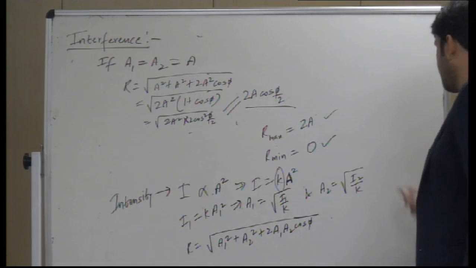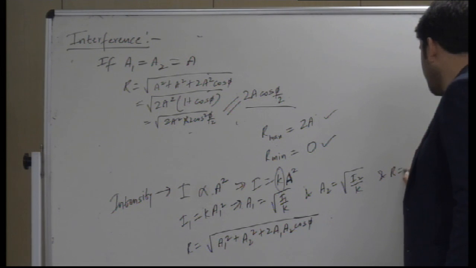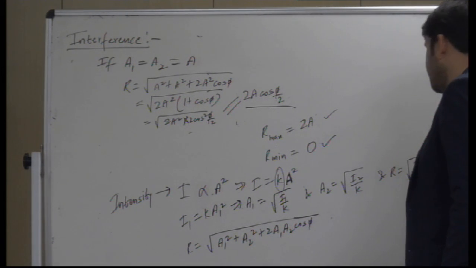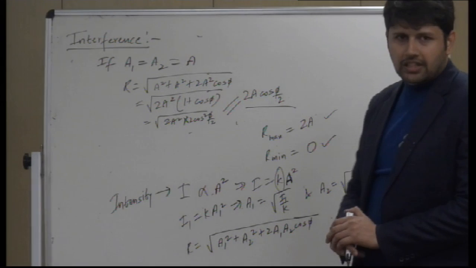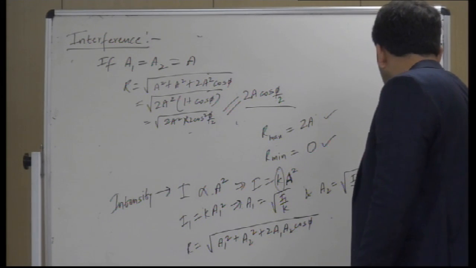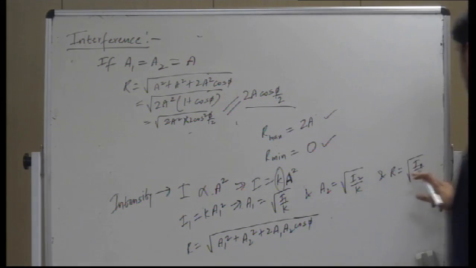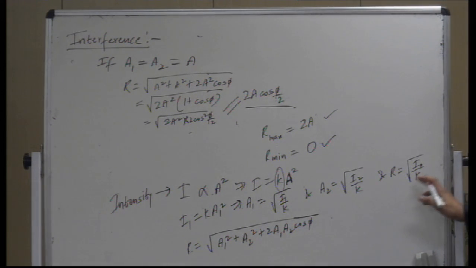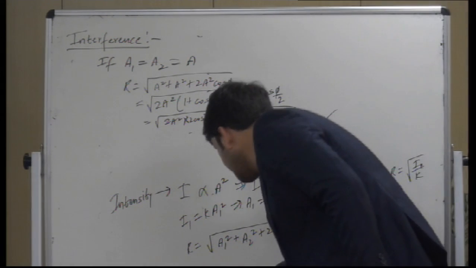Okay, let's take the resultant as under root I by K, where I is the final intensity, IR, the resultant intensity. So now replacing, what you get?